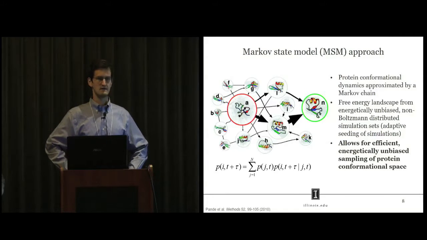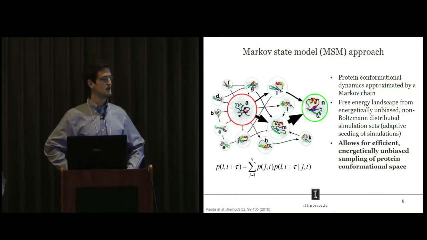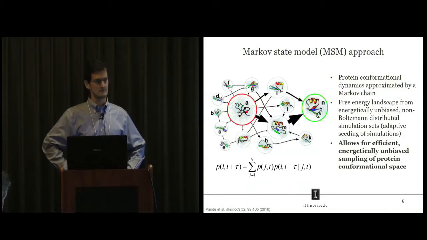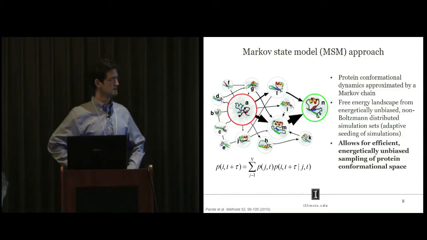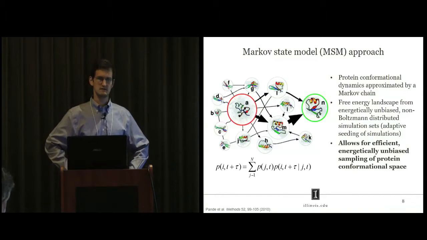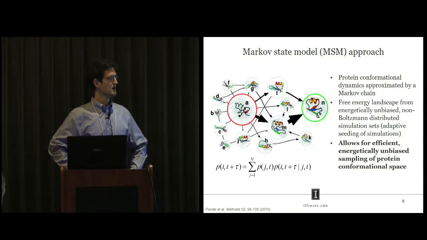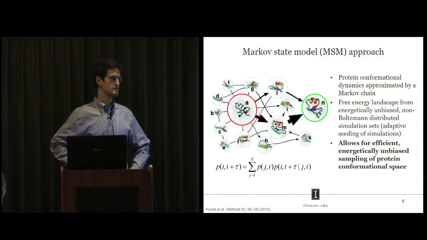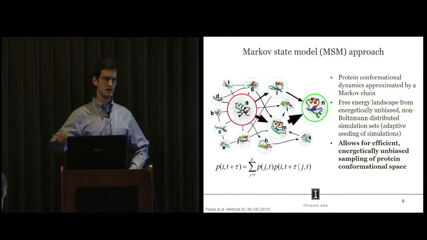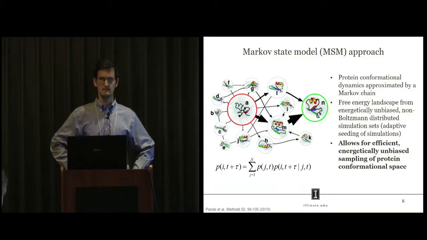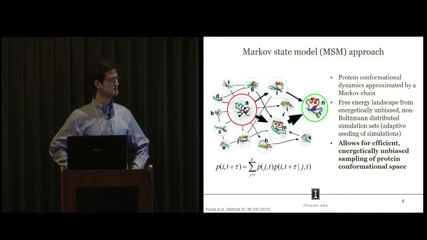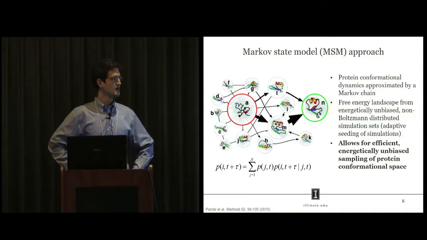Then we look at the transitions between those states and model the dynamics using a Markov chain. This allows us to use sampling strategies where we are able to adaptively choose where we seed new simulations. We can't just take the simulations as they are because we're biasing the sampling.